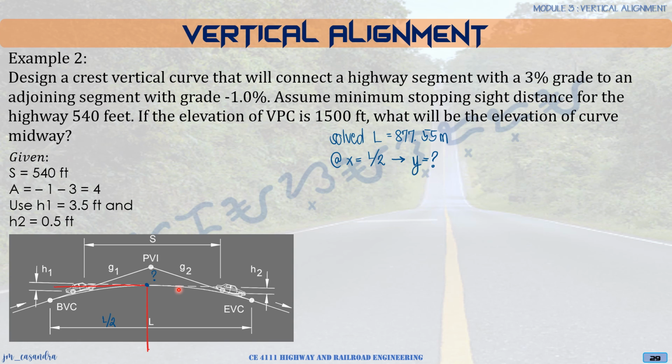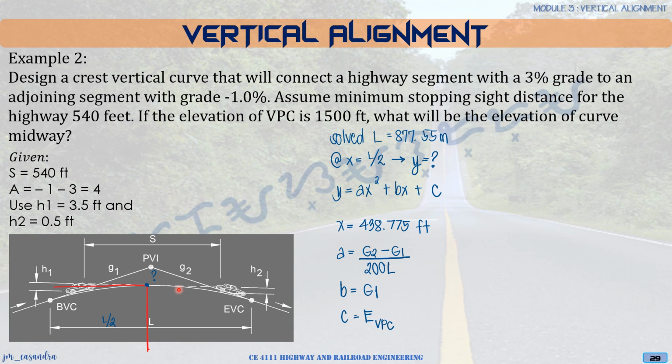And for the value of Y, we now apply our parabolic equation, y equal to ax squared plus bx plus c. So we know already x is 430.775 feet. So for A, that's G2 minus G1 divided by 200L, our constant. B is equal to G1 and C is equal to the elevation of the beginning of the curve.